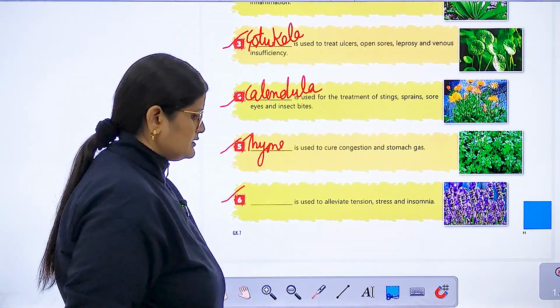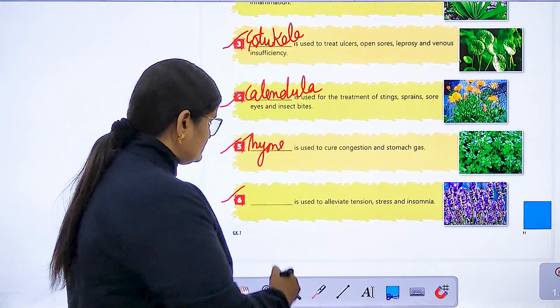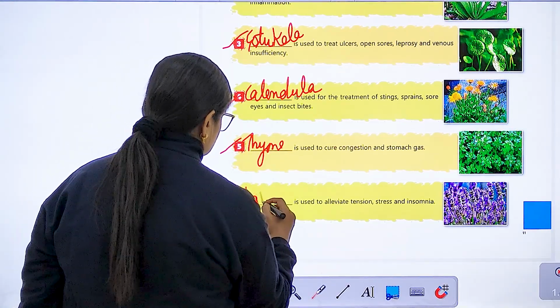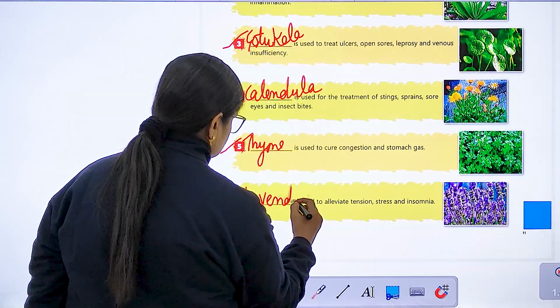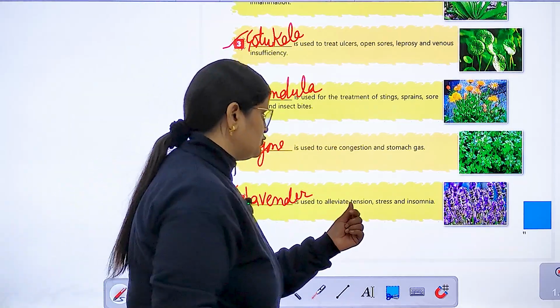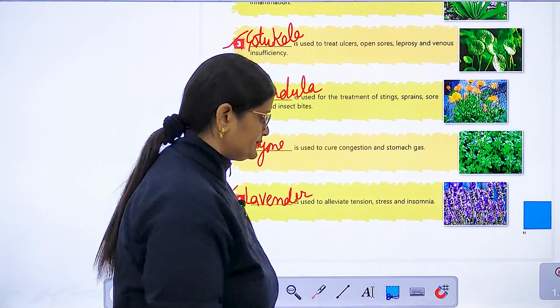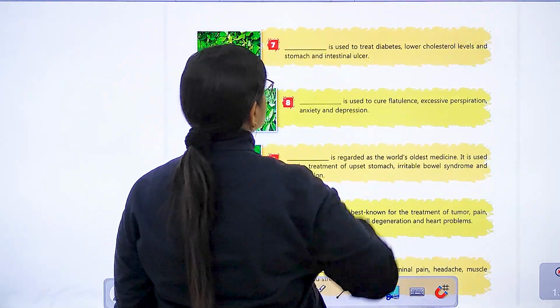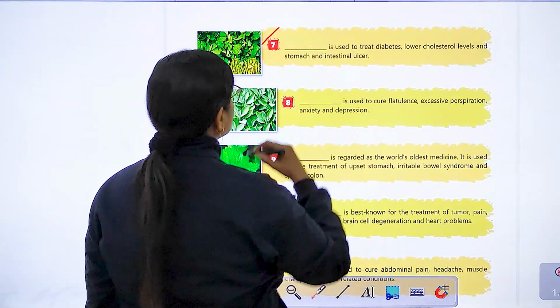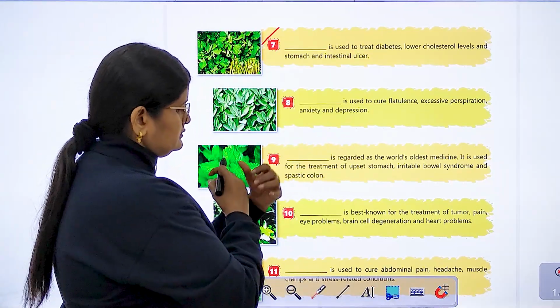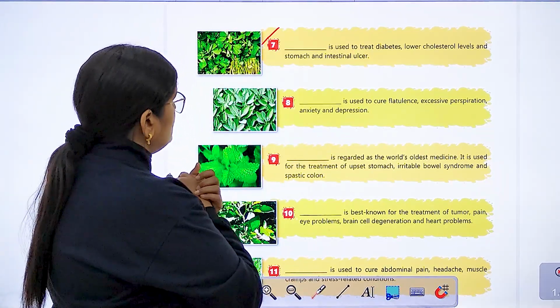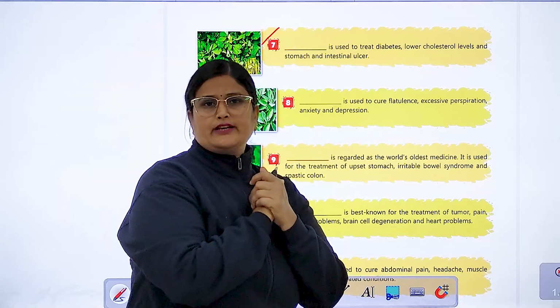Number 6, this is lavender. Is used to alleviate tension, stress, and insomnia. Number 7, this is fenugreek.